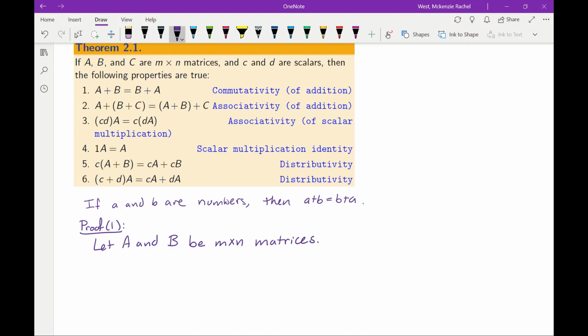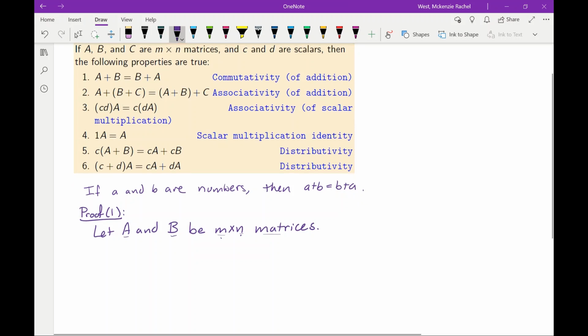So this is a very important part of every proof, is defining the variables. So A and B are our variables here, and I've said that they are matrices of size m by n. And now you might say m and n are also variables that I have not defined, but there's sort of an implicit definition for them because it comes before the word matrices and it refers to a size. So they should be integers.